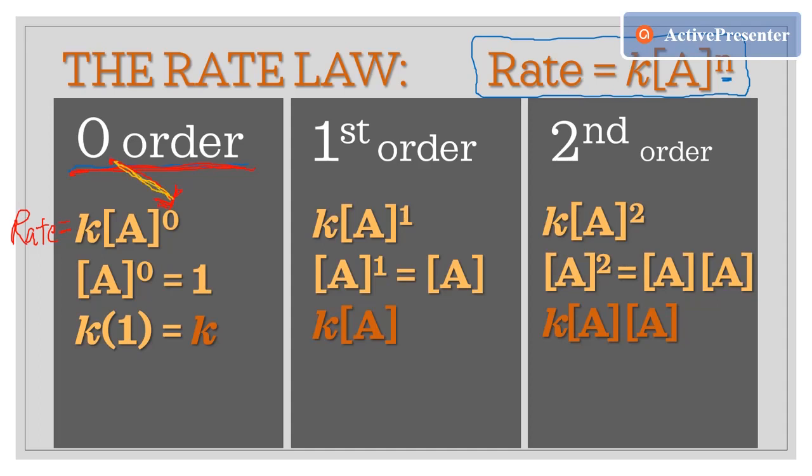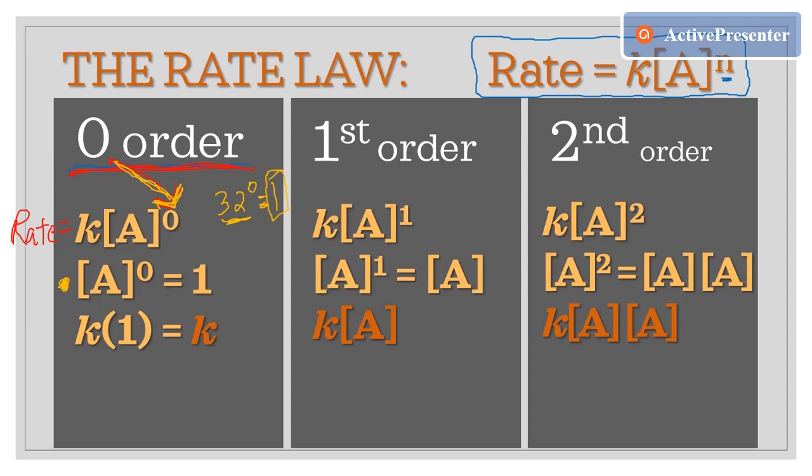Here the order is 0, so we're going to put a 0 exponent after the concentration of A. Now, if you know anything about math, you know that anything to the power of 0 is going to equal 1. If we have 32 to the power of 0, that's going to equal 1. It doesn't matter what this number is. If it's to the power of 0, it always equals 1.